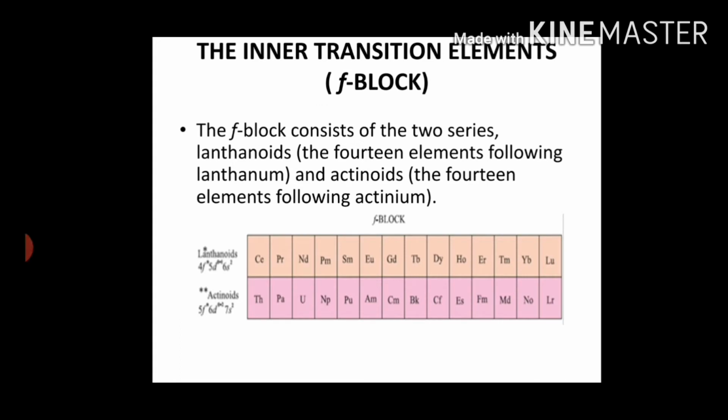The F block elements consist of two series of inner transition elements, that is lanthanoids, the 14 elements following lanthanum, and actinoids, the 14 elements following actinium. These elements are also called rare earth elements.